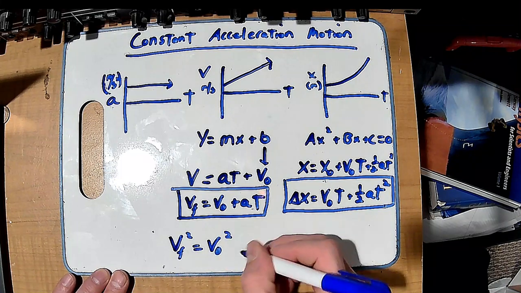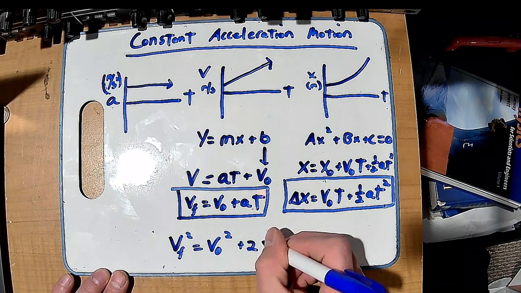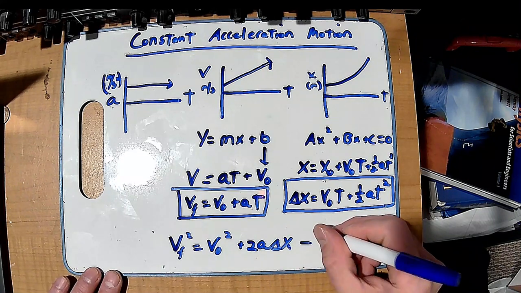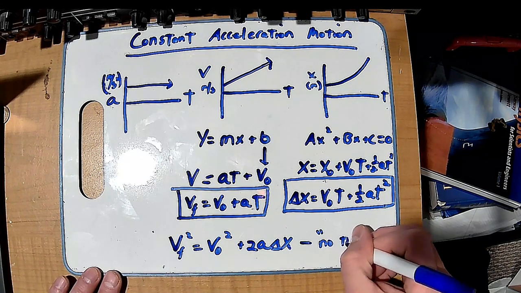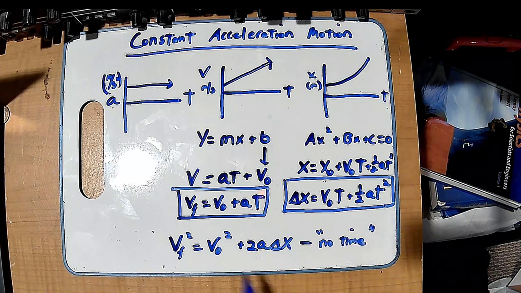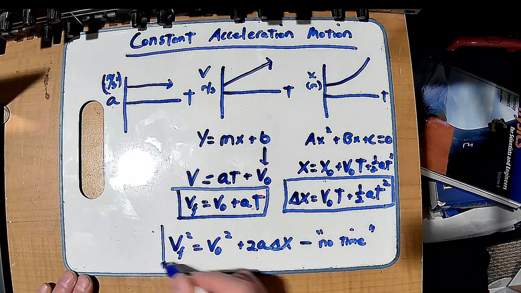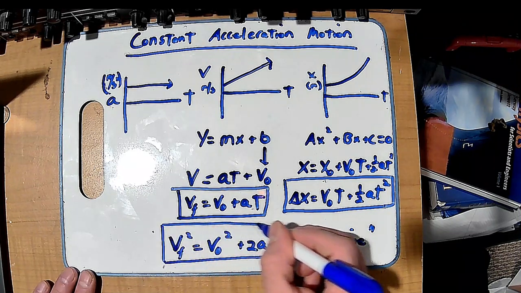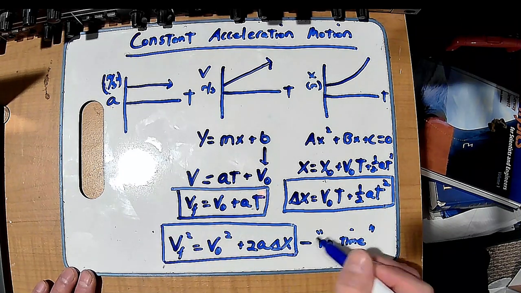vf squared equals vo squared plus 2a delta x. I like to call this the no time equation, because out of the three, it's the one that doesn't have a t in it. Where this comes from is just algebraic manipulation.